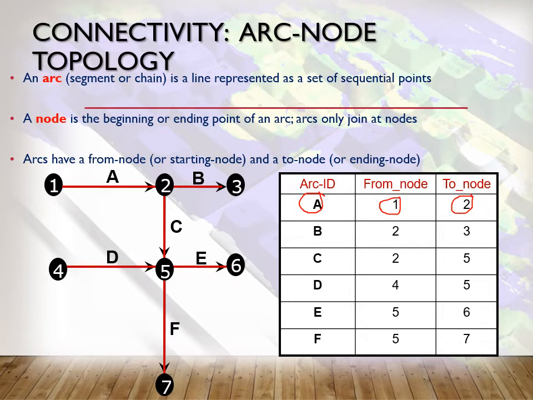From 1 to 2. And then arc ID B goes from 2 to 3. And this topology is important not just to maintain the integrity of the geometry of vector data, but it can also be used for networking like road networks. For example, let's say A and B are one-way streets.